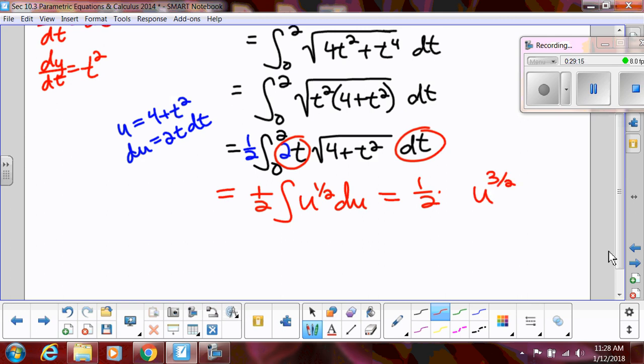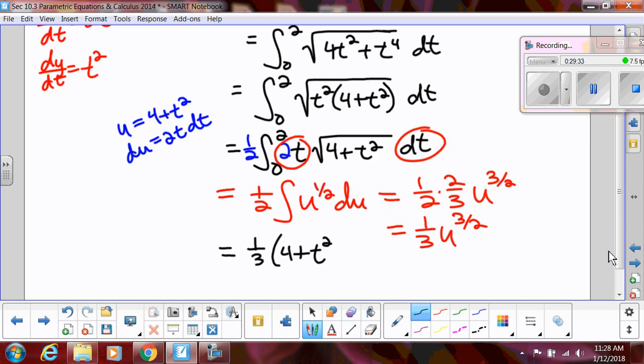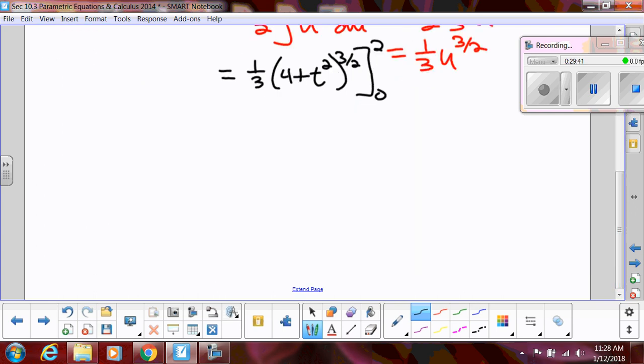And then divide by that or times by the reciprocal. All right, so that's just going to be 1/3 u to the 3/2. If I substitute that back in, then that's going to be 1/3 4 plus t squared to the 3/2 power, and I'm evaluating that from 0 to 2. So from there, you plug in.